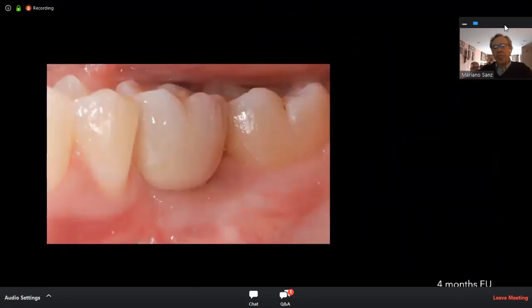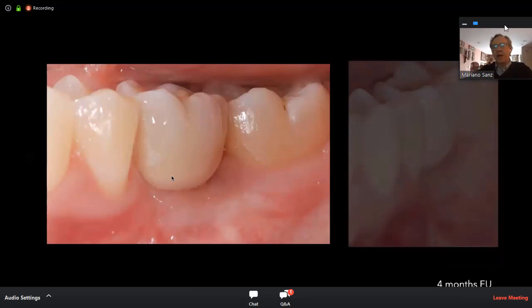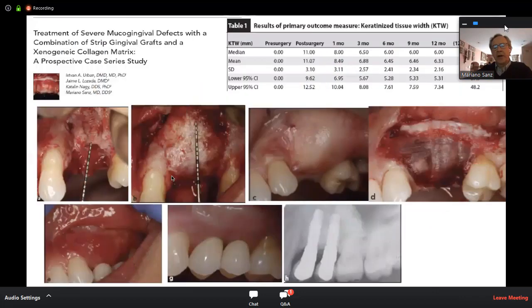This, of course, can be applied to single teeth like the one I'm showing to you, but this has also been applied to large areas of vertical bone augmentation.